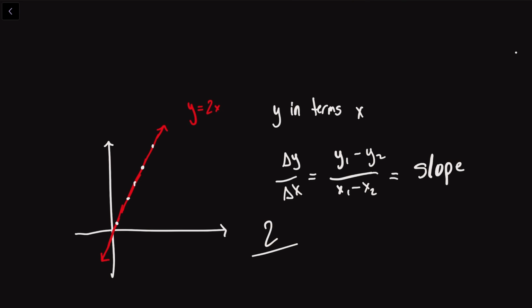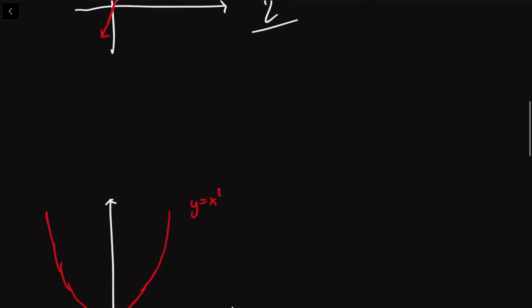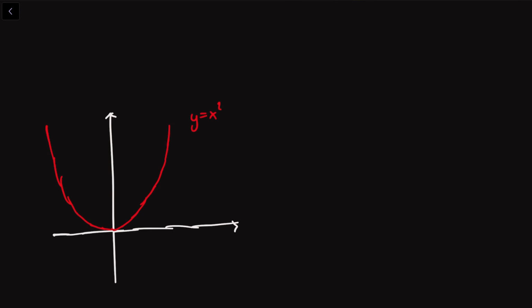But what if the slope is changing? I hope this function looks even more familiar. Well, not even more, but it's a parabola. And the rate of change of a parabola definitely changes. So this change right here, oh, this was not a good line. But this slope right here, you can draw a slope with the secant line.